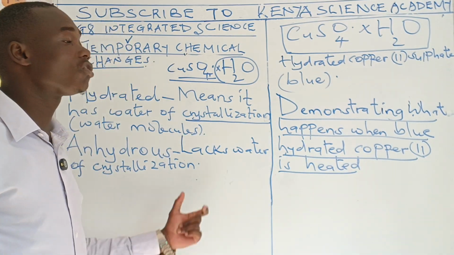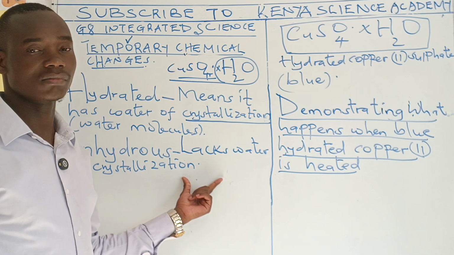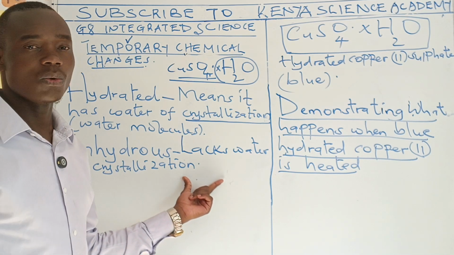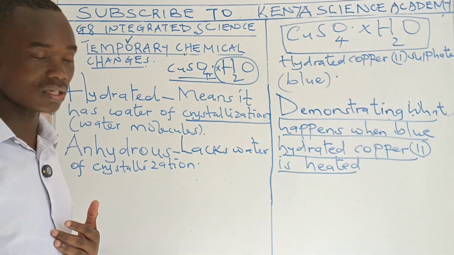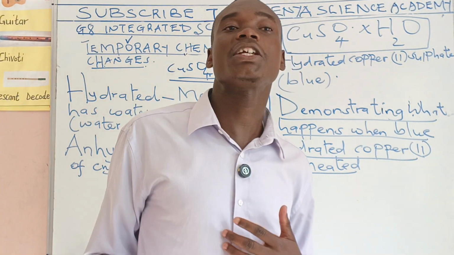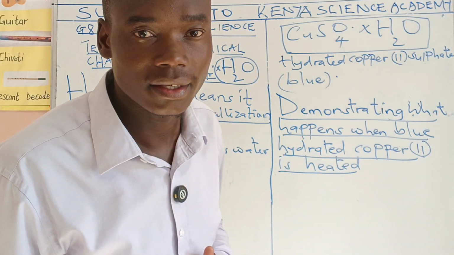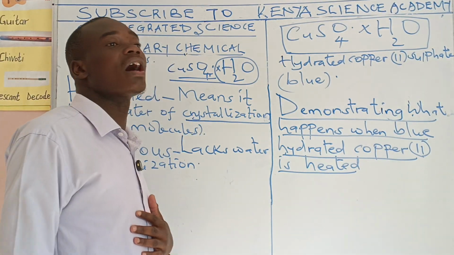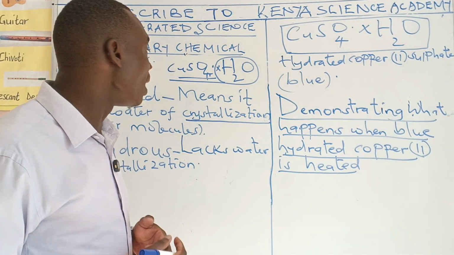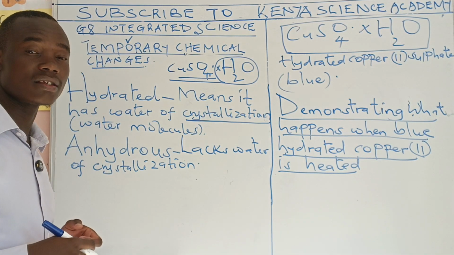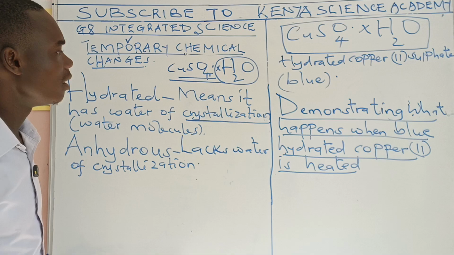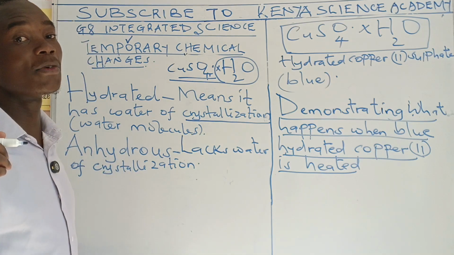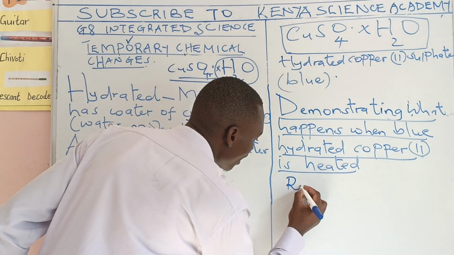By now, I want to teach you what will happen: the procedure, the requirements, explanation of what happens, observation of what you are going to see, and how we can conclude about temporary chemical changes. And for us to demonstrate, there must be requirements.